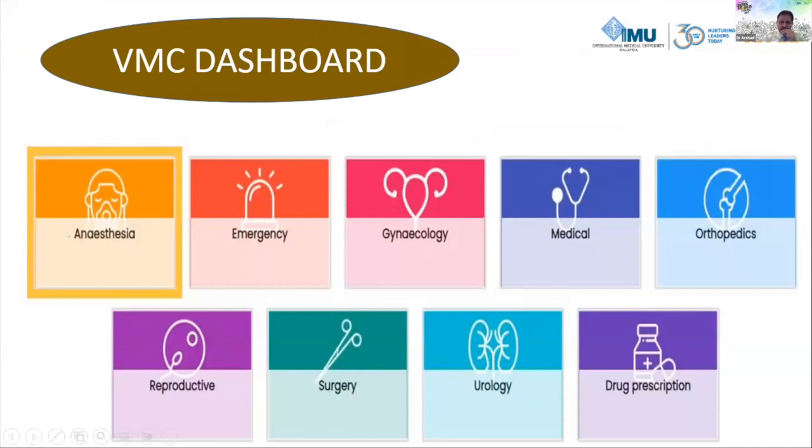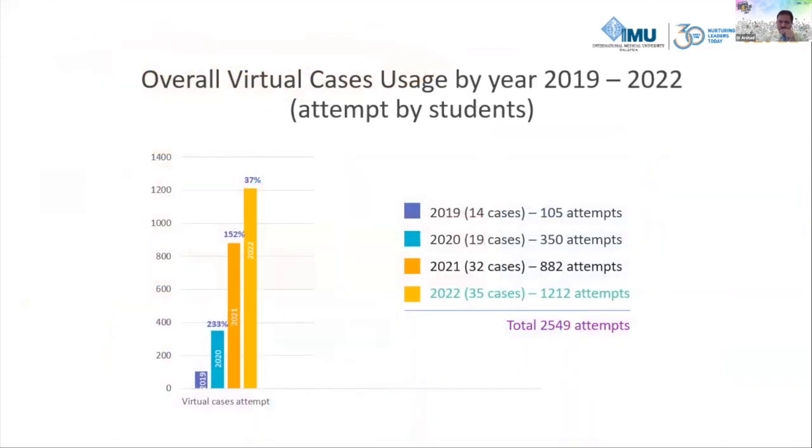These are the disciplines which participated in creating different clinical cases: anesthesia, emergency medicine, gynecology, medicine, orthopedics, reproductive surgery, urology, and drug prescriptions. This is our statistics from 2019 to 2022. These are the attempts, and when you look at the graph, it is going up gradually.